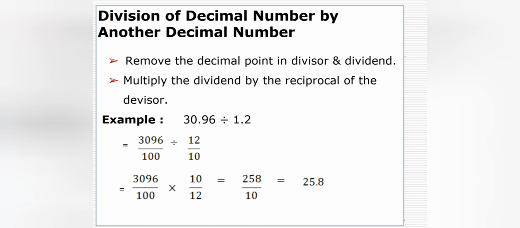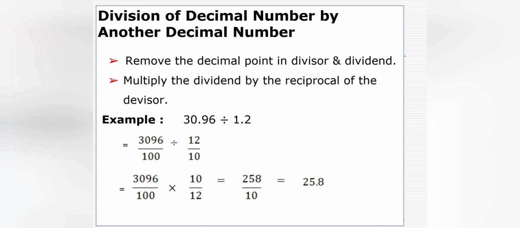So the next step is 3096 upon 100 divided by 12 upon 10. Now what we have to do? We have to multiply the dividend by the reciprocal of the divisor.